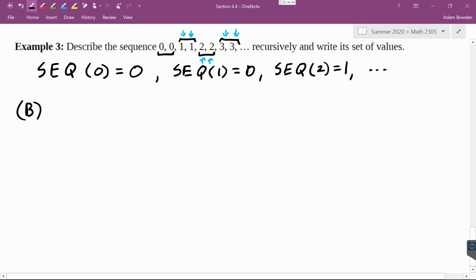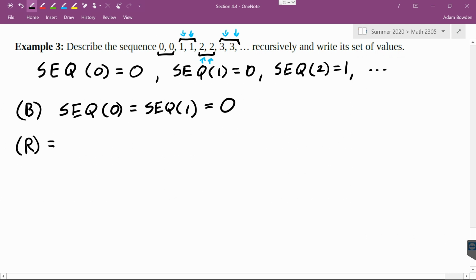So to set up the basis of this sequence, what I'll do is set the sequence of 0 equal to the sequence of 1. So the first two entries in the sequence will be just equal to 0, just like we have up above. And now we can set up a formula so that these will start repeating, but only 2 at a time.